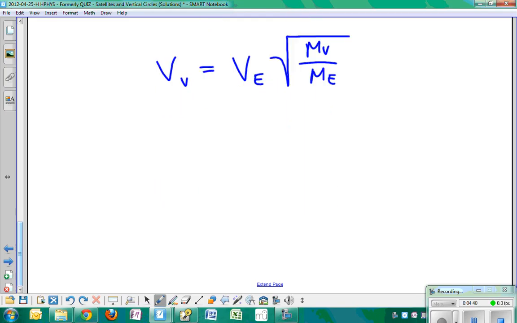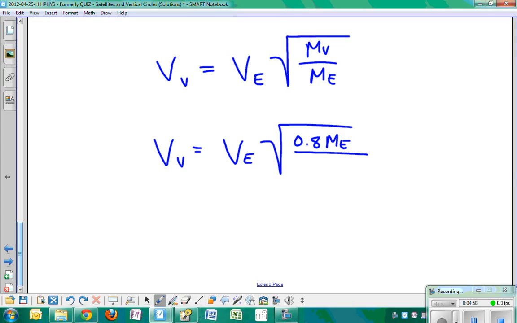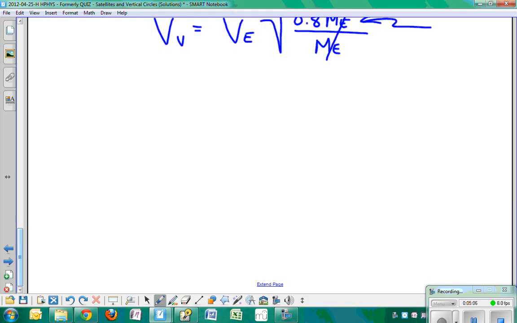Because I gave the mass of Venus in terms of the mass of Earth, it makes things a little simpler. We could say V sub V is equal to the velocity around Earth times the square root of 0.8 Earth masses divided by the mass of Earth, because this is the mass of Venus. M sub E cancels out, and we get the velocity around Venus equal to the velocity around Earth times the square root of 0.8. You can see there are no dimensional considerations here, which makes things very easy.